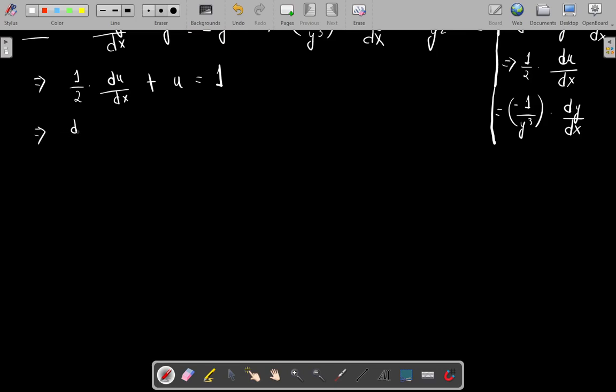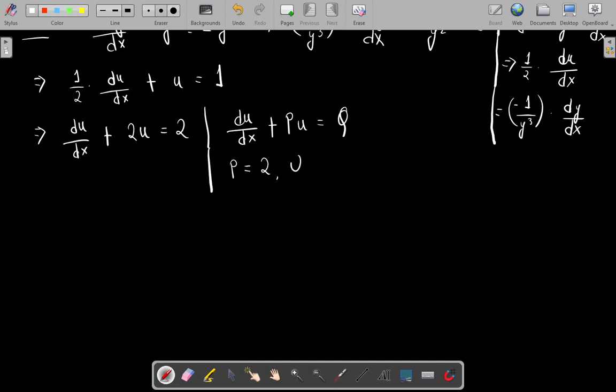Now let us multiply both sides by 2 in this equation. After multiplying both sides by 2, we get du/dx plus 2u equal to 2, which looks like a linear differential equation of the form du/dx plus Pu equal to Q, where P and Q are functions of x. For our case we get P equal to 2 and Q equal to 2.